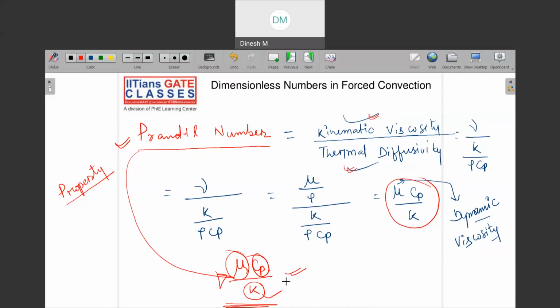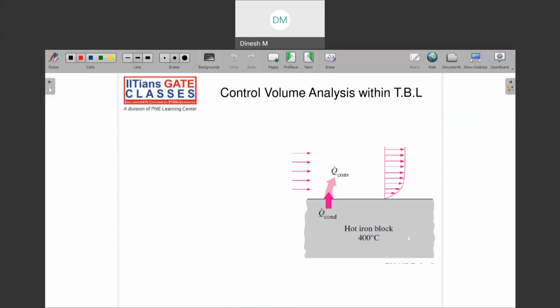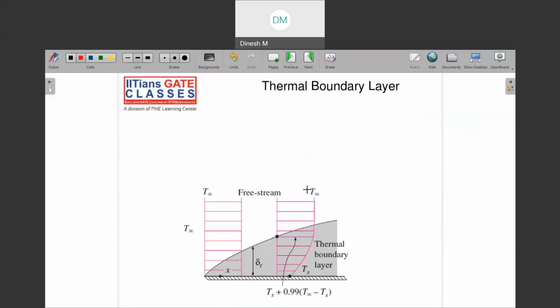Okay. Now, so I understand what are these things. So let us now quickly understand what is the relationship that will help you decide which value will be more.